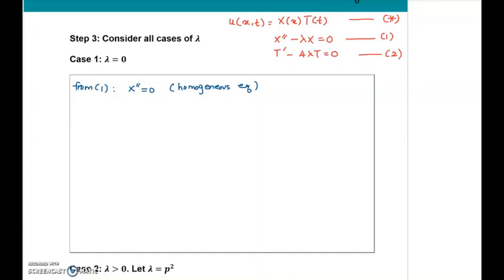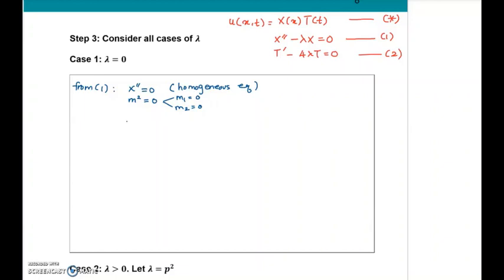So how do we solve the homogeneous equation? First of all, we take the characteristic equation. X double prime corresponds to m squared, so we have m squared equal to 0, meaning that we have two roots m1 and m2 which are both 0. When we have both 0 roots, we have equal roots.